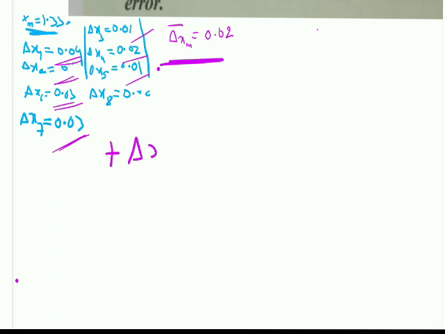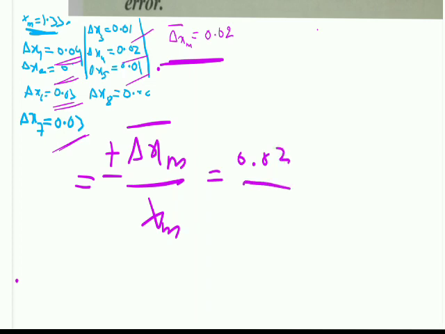delta xm by xm. Relative error is delta xm by how many digits is there? Xm. So our values, 0.02 by 1.33.